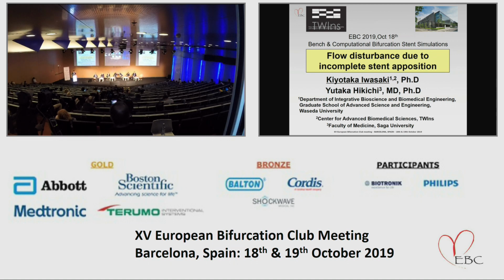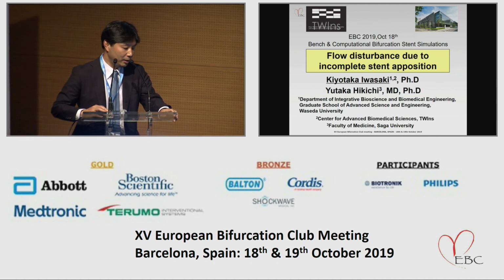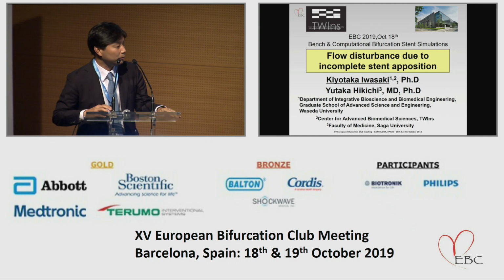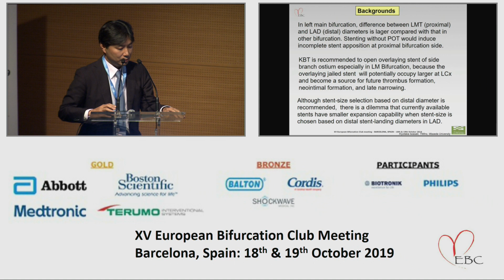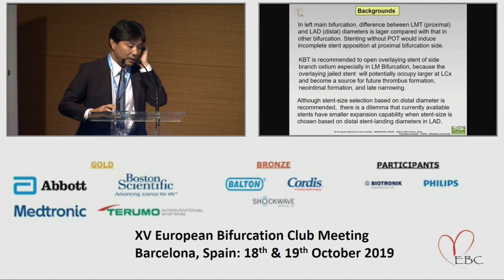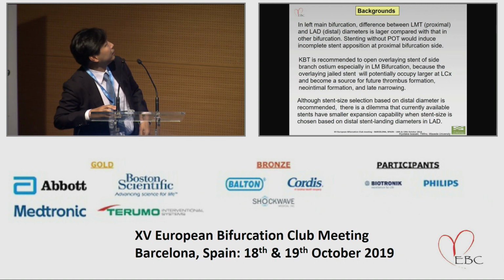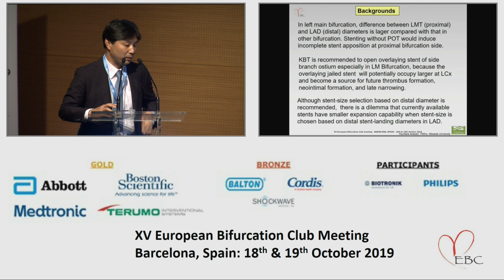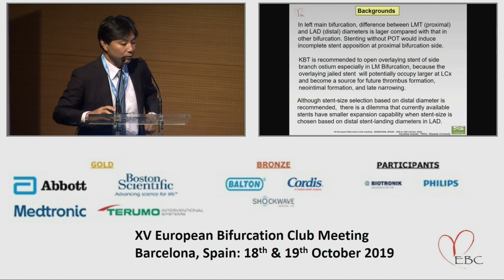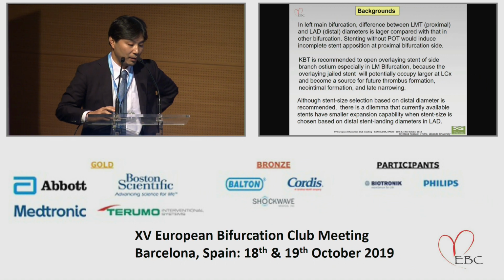Thank you, Chairman. My topic today is that incomplete stent apposition should be reduced, in terms of a flow study. In left main bifurcation, the difference of diameter between LMT and LAD is larger compared with that in other bifurcation regions, and stenting with POT would induce incomplete stent apposition at the proximal bifurcation site.